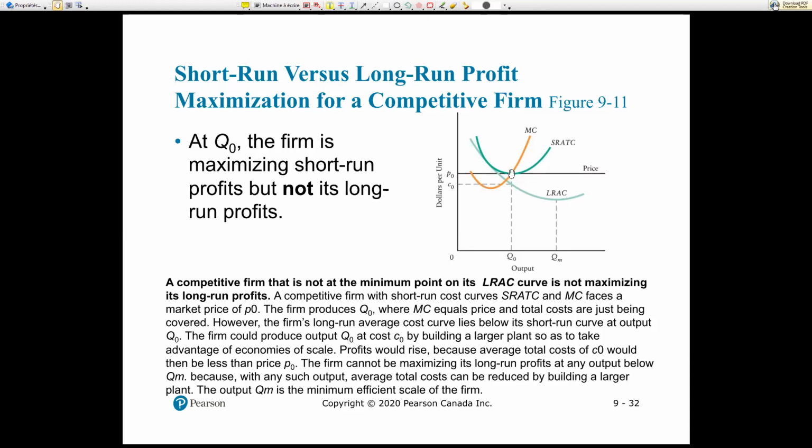So again, this is my example of the pencil. It might be that firms in the short run are good enough, they're making a profit, but not necessarily in the long run. In the long run, it's possible that other firms will enter the market with a bigger production volume, such that the long run average cost is below the short run average cost. So what would happen in that case?